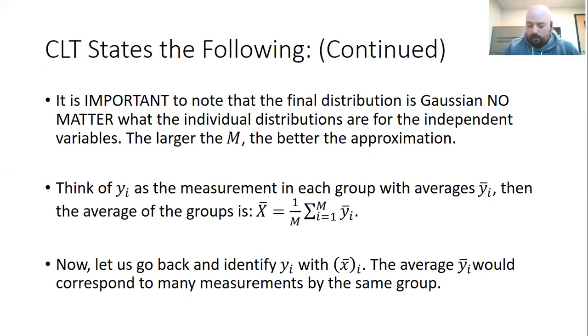Now, I've been linking the independent variable that we're now discussing, y sub i, in relation to x bar sub i, as we essentially treated these means from each group as the new independent variables from each group that we're summing over. And so the average y bar sub i would correspond to the many measurements by the same group.